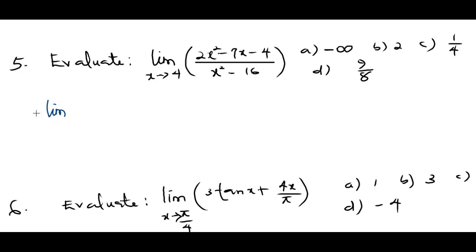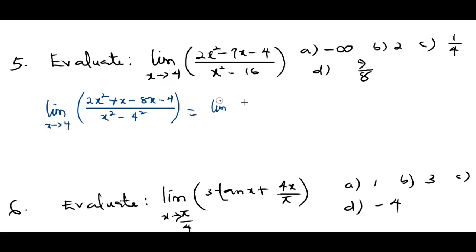So we need to factorize the numerator, and that becomes 2x squared plus x minus 8x minus 4. And the denominator becomes x squared minus 4 squared as x tends to 4.